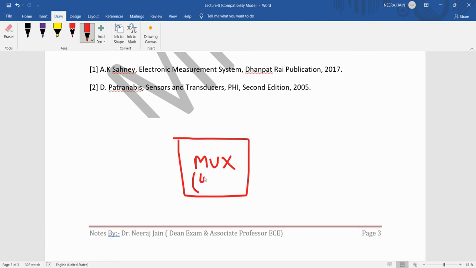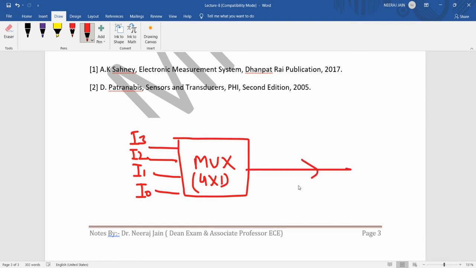If there is a 4 into 1 mux, it means there are 4 inputs, I0, I1, I2, I3, converted into a single output.